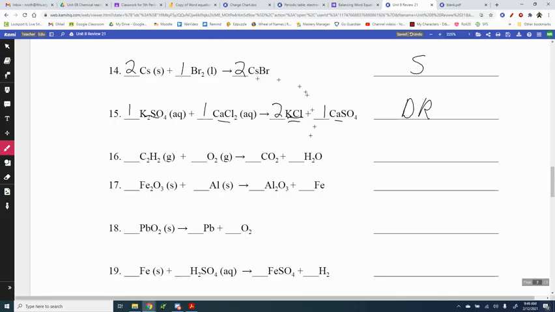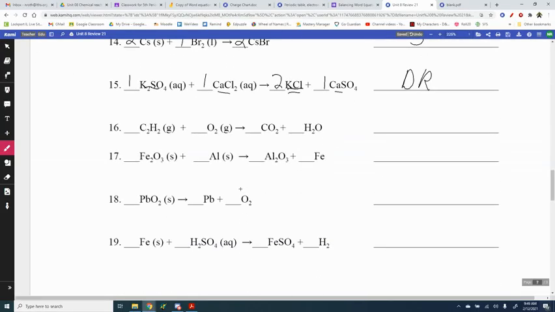All right, number 16. Number 16 is very similar to number 13. Okay, we can balance our Cs first. 2. We can balance our Hs next, which the Hs are already balanced. Hooray. So now we have 4 oxygens and 1 oxygen, so 5 total. So we are going to double our initial amount of carbons so that way we can have 4 here and 2 here to balance out our carbons and our hydrogens.